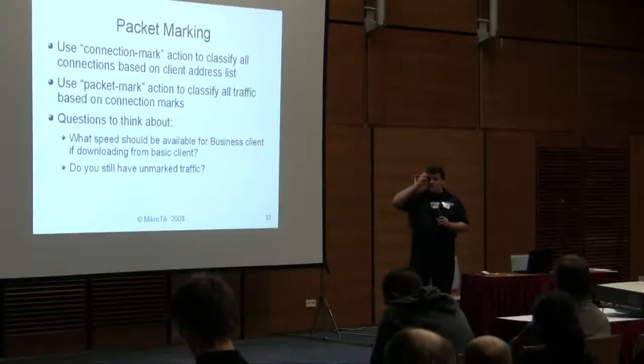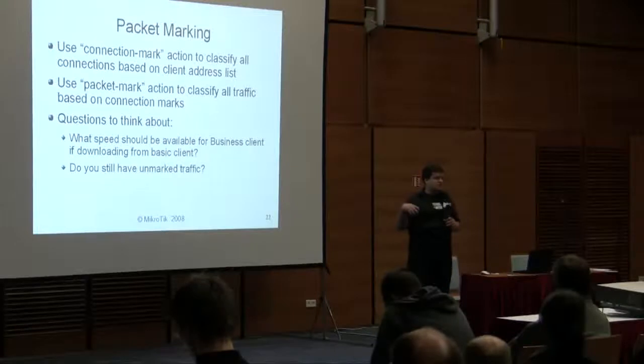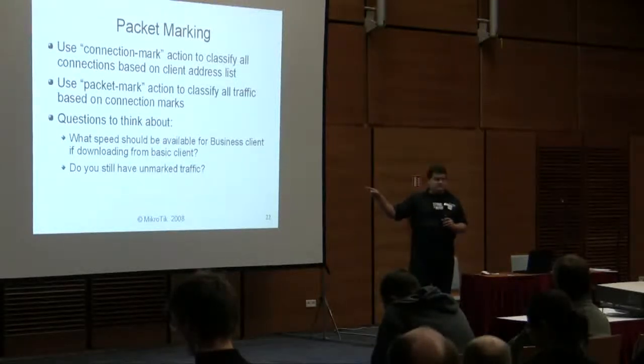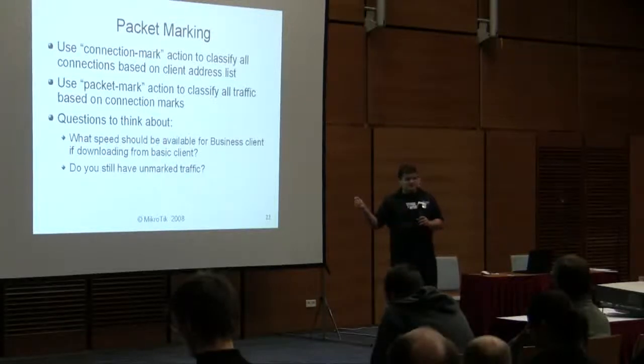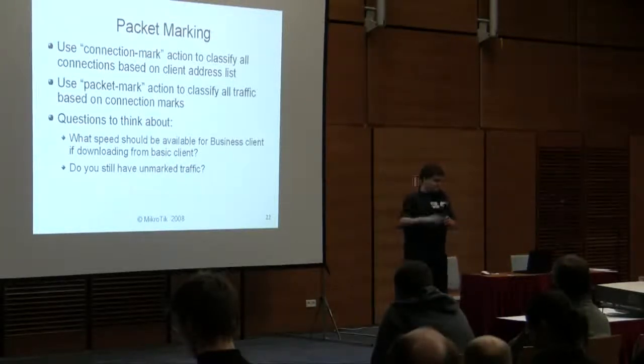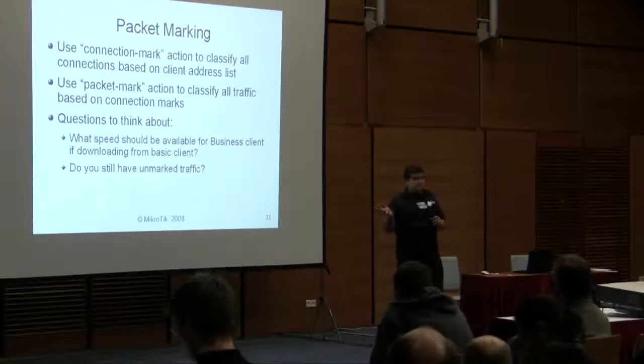And there's always a chance that somebody or you forgot to add something to the address list. So be careful about unmarked traffic after you think that you marked everything. A simple log rule would do the thing.